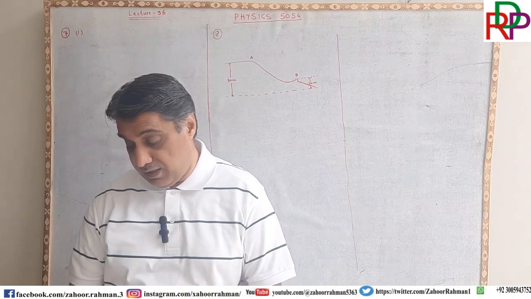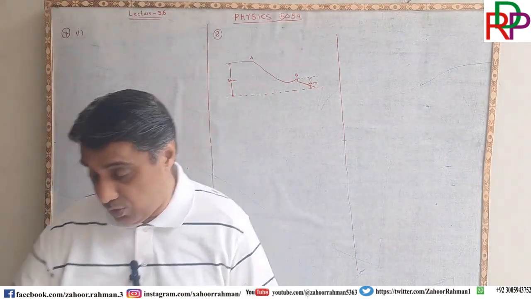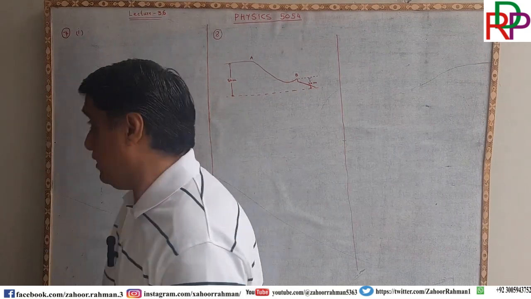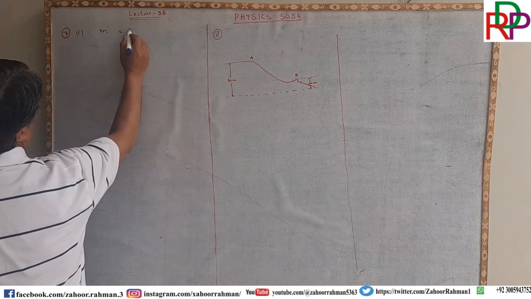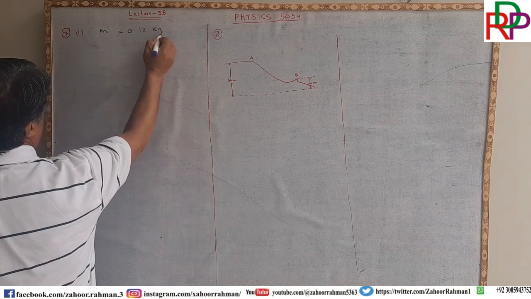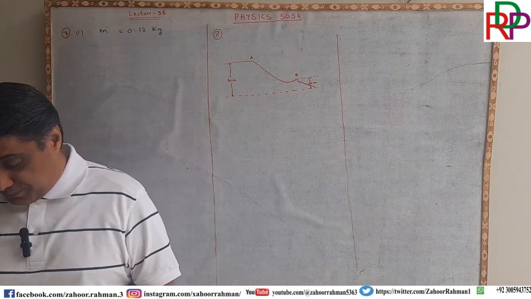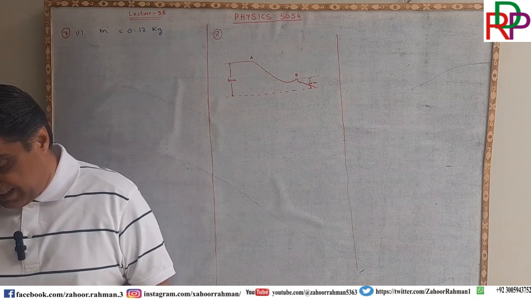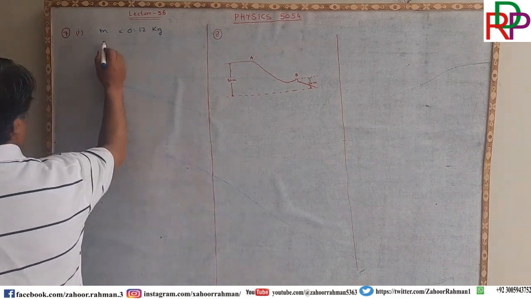A rubber ball of mass 0.12 kilogram. So we are writing m is equal to 0.12 kilogram, is held at a height of 2.5 meter.